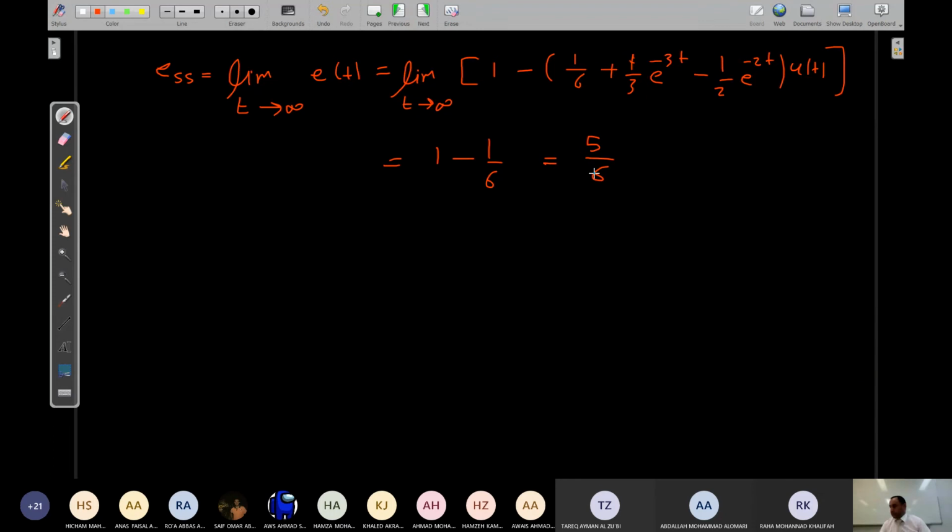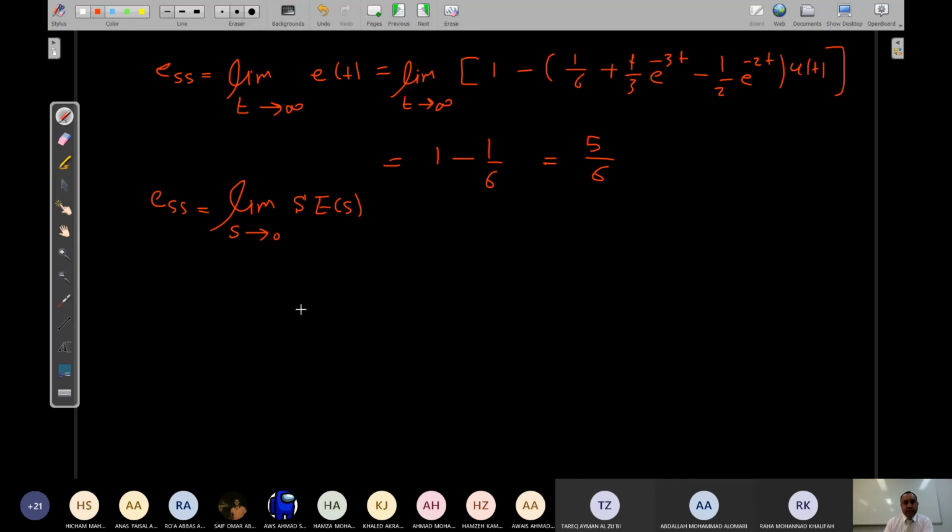Yes. Good. Now, I can find e steady state using the final value theorem of Laplace. E steady state using the final value theorem of Laplace will equal the limit when s goes to 0 of s e of s.